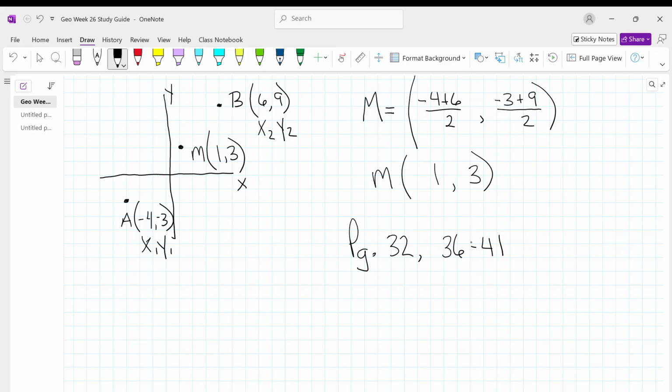All right, make sure you do all of those problems. Page 32, problems 36 through 41. All right, and we don't have a whole lot of time left in the period today, so just try to get as many of these problems done as you can. If you don't think you're going to finish the problems in class, then take a picture of the problems in the book, and please be sure that you have those 100% complete when you get to class tomorrow.